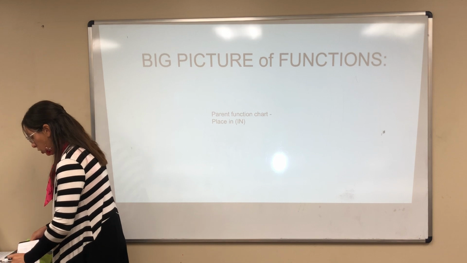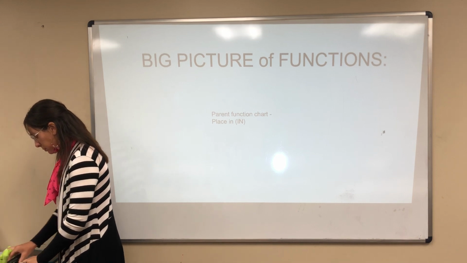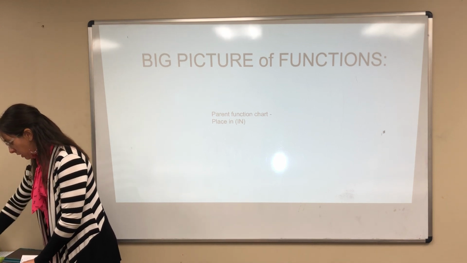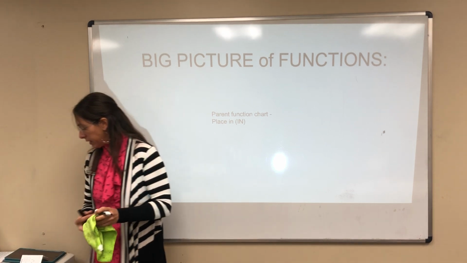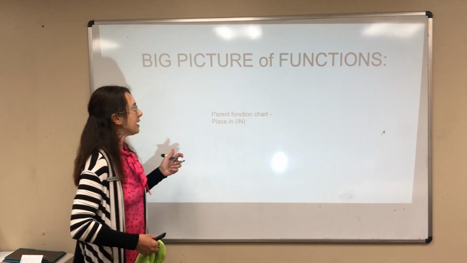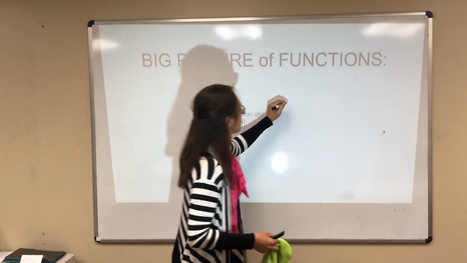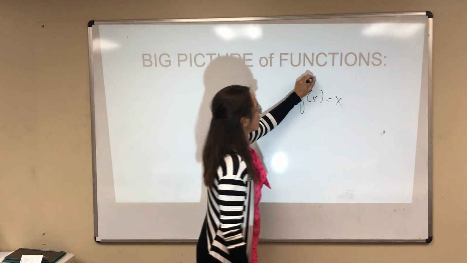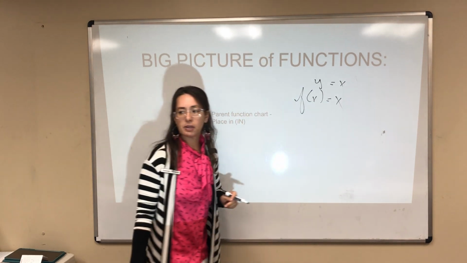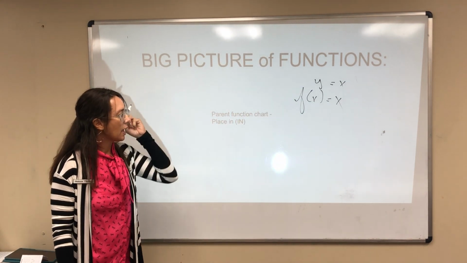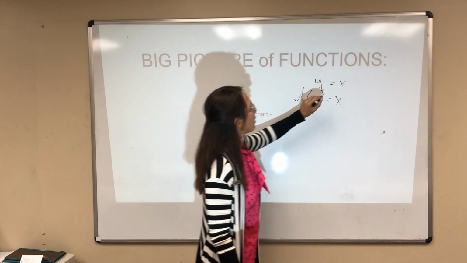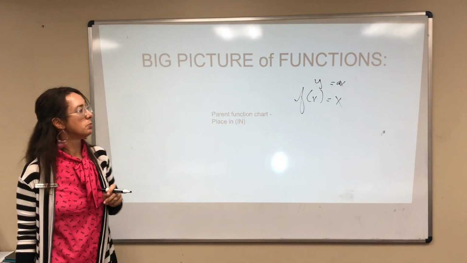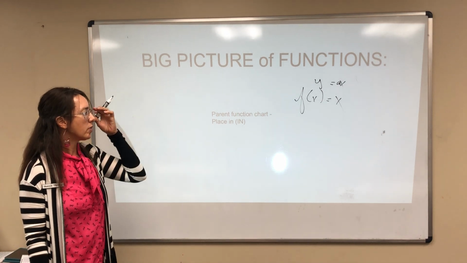So the one that says linear, there are a couple of things that I want you to write in and around it, however you would like to write it. It tells you f of x equals x. So you can write y equals x above it if you need to. I would like you to write y equals ax, either on the same one or around it.